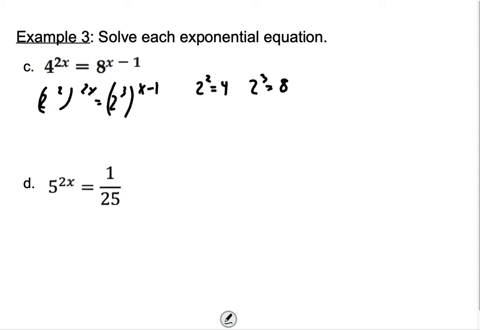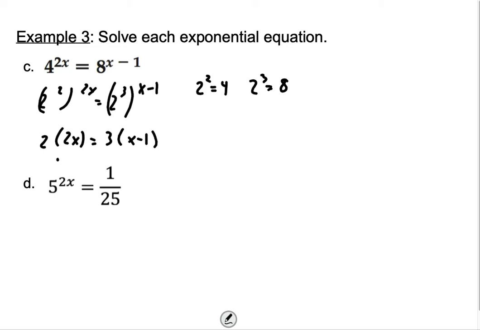So I've got 2 to the second to the 2x, and I've got 2 to the third to the x minus 1. So I can get rid of the 2's, and then I just have left on the left-hand side 2 times 2x equals 3 times x minus 1.